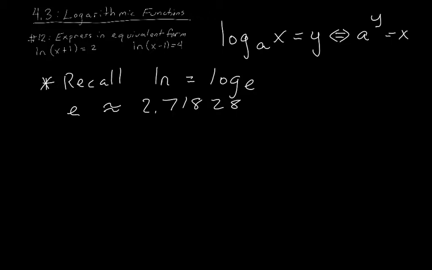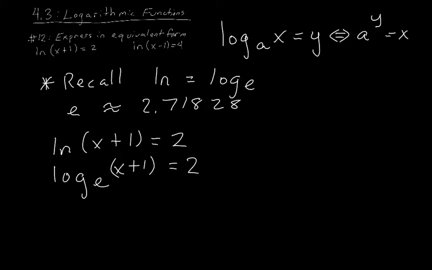So to rewrite natural log of x plus 1 equals 2, the first thing we want to do is say log base e of x plus 1 equals 2. And if you remember, the way we wanted to organize that is we say log base a of x equals y if and only if a to the y equals x.